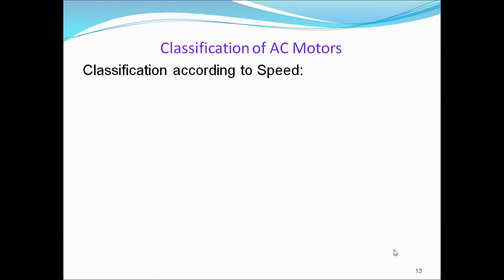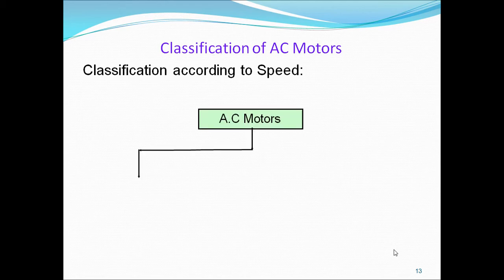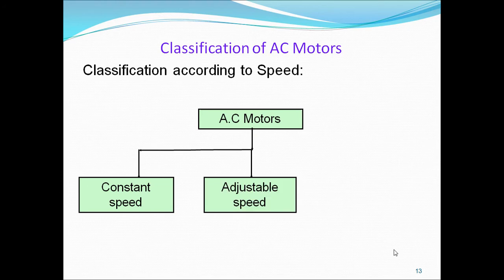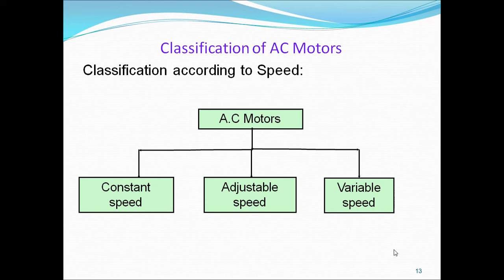So if you go to the next classification, that is depending on the speed. One is constant speed, another is adjustable speed, another is variable speed. So at the time of designing, we have to check the speed.